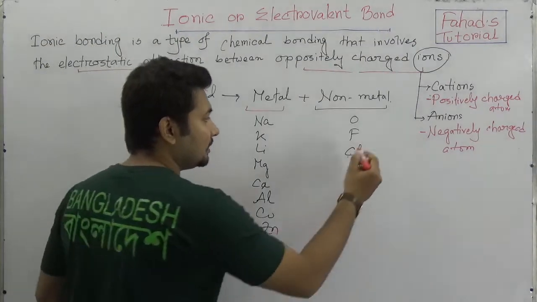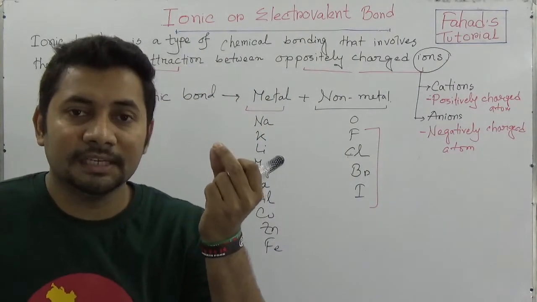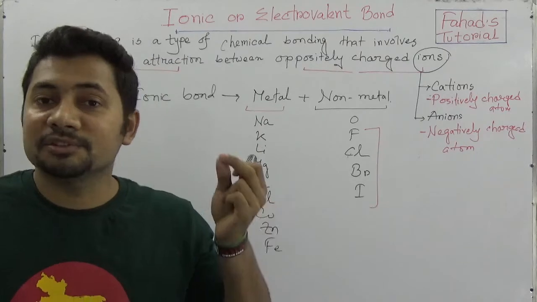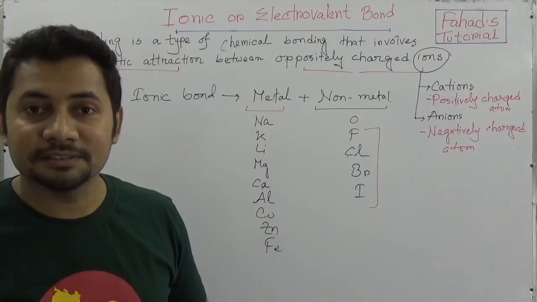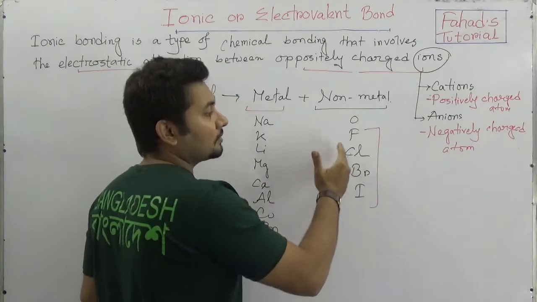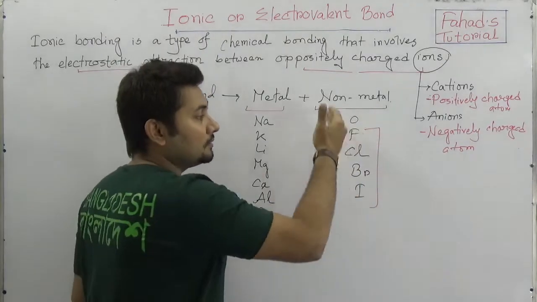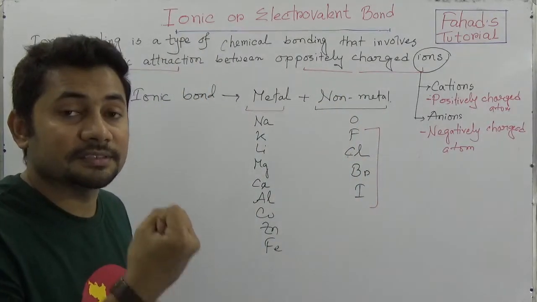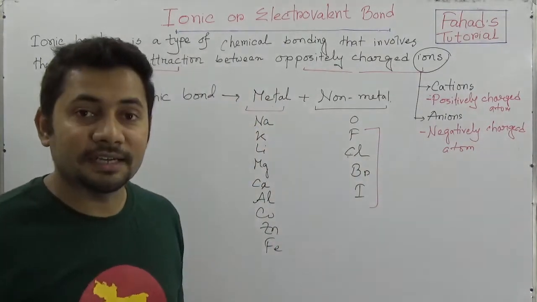So these atoms will try to gain 1 electron in their outermost shell and become like neon: fluorine like neon, chlorine like argon, bromine like krypton. They will try to get electron stability like their nearest inert gases.